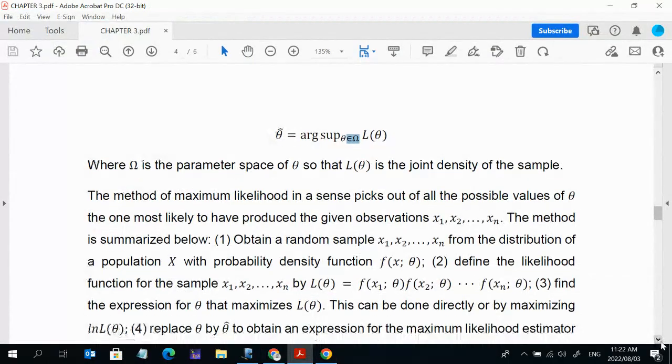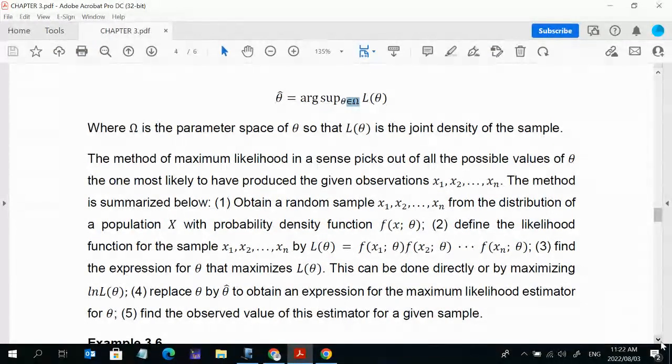Now, the question is, how do we find this smallest upper bound? This method gives us the smallest upper bound, and this is how we get that value.